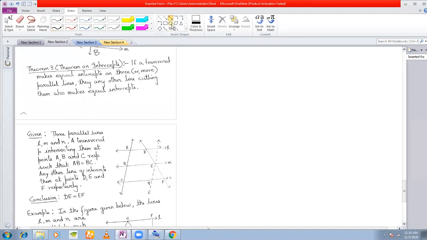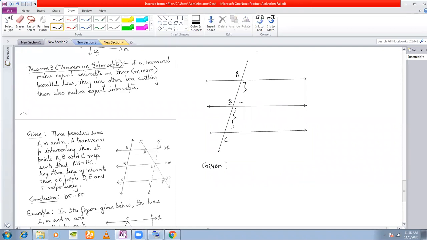Theorem on intercepts. The theorem states that if there are at least three parallel lines given to you, and you have a transversal through these three parallel lines such that this intercept AB and this intercept BC are equal, that is, given AB is equal to BC, then any other line that cuts these three parallel lines will also have equal intercepts.